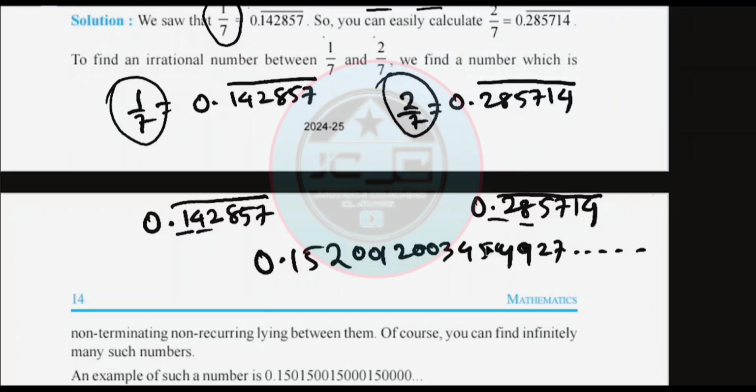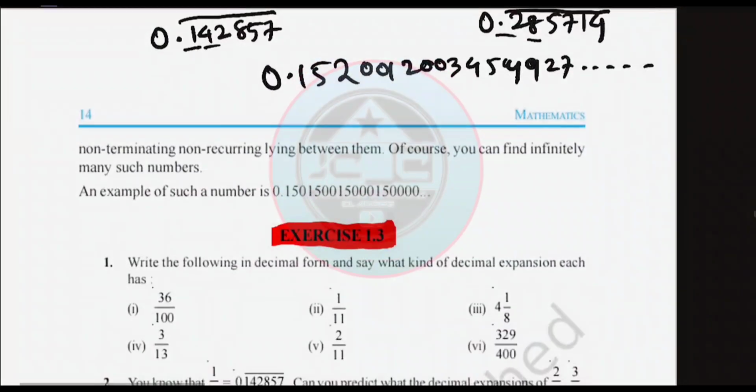Between two rational numbers we can find infinitely many irrational numbers.